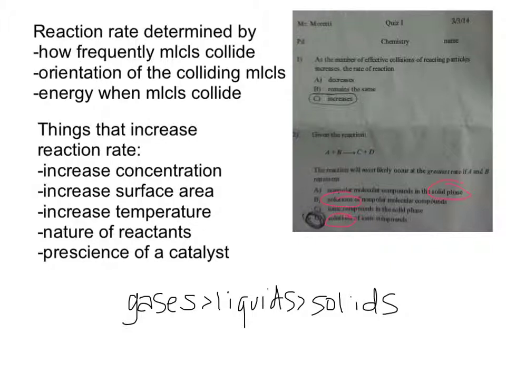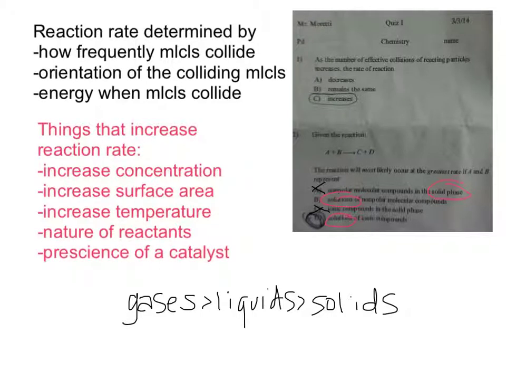In terms of looking for the fastest reaction, we want the warmest state, so gases or liquids over solids. We're going to prefer a liquid if we want the greatest rate. So we can go ahead and eliminate answer choices A and C.